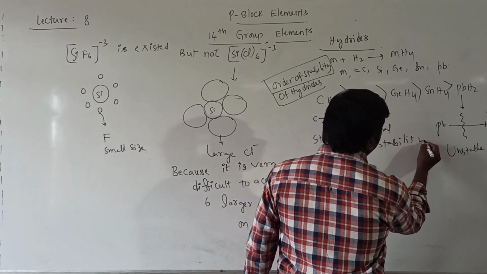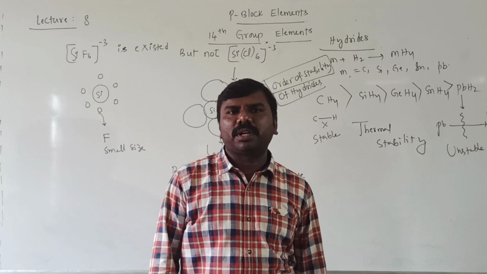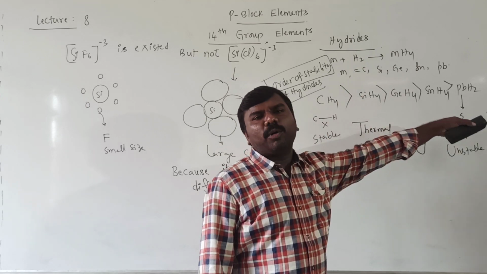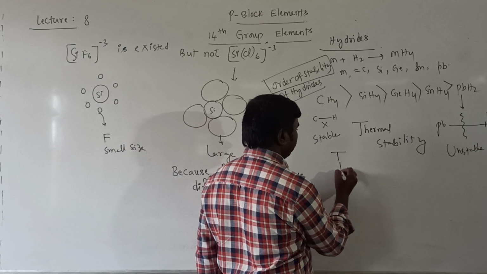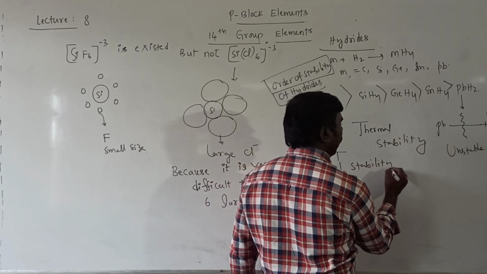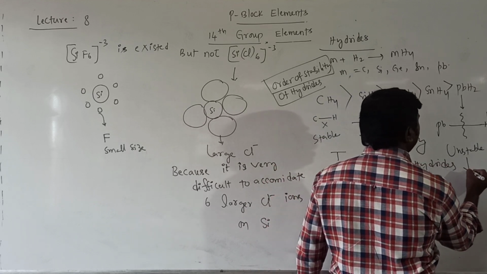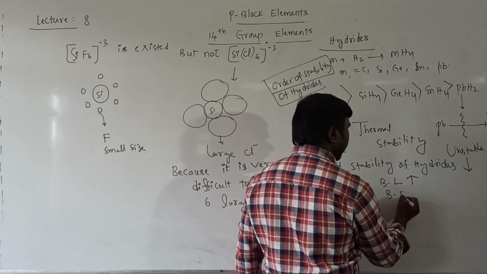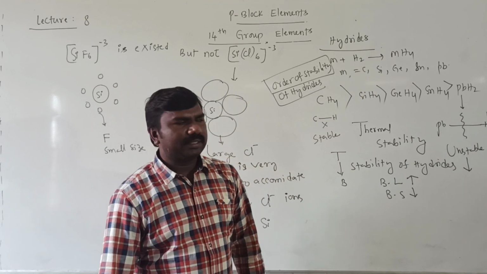Thermal stability of 14th group hydrides, especially from top to bottom, decreases. Top one is more stable, bottom one is unstable. Stability of hydrides decreases. Bond length increases, bond strength decreases. Obviously, stability will decrease.